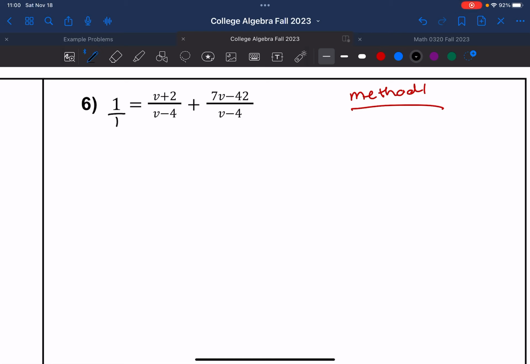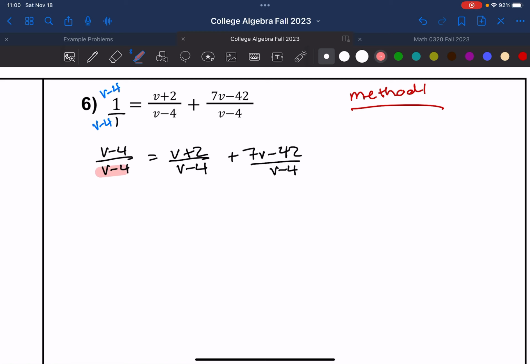And then since they all have v minus 4 as their denominator, we're going to multiply the top and bottom by v minus 4. So I have v minus 4 over v minus 4 is equal to v plus 2 over v minus 4 plus 7v minus 42 over v minus 4. Okay. Now I have a common denominator between all of them.